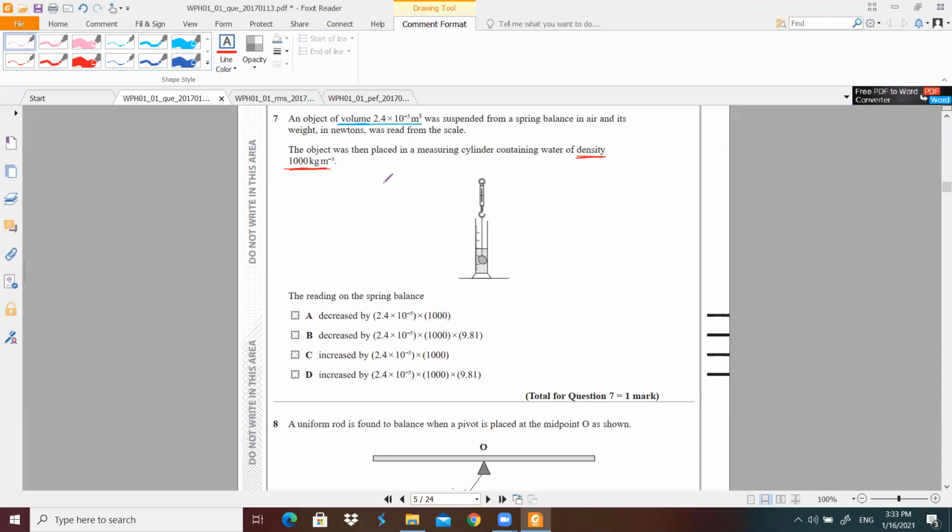Let's check this out. Let's say if you have a balance like this, there is no water and you just hang a piece of stone from this balance.